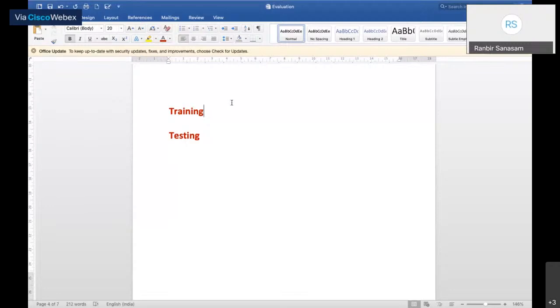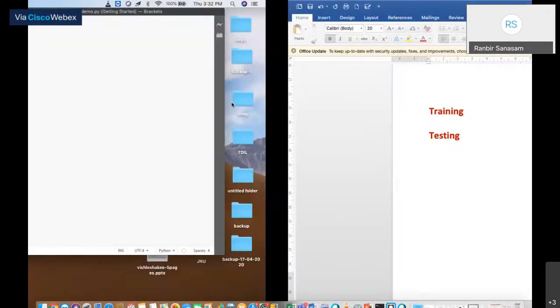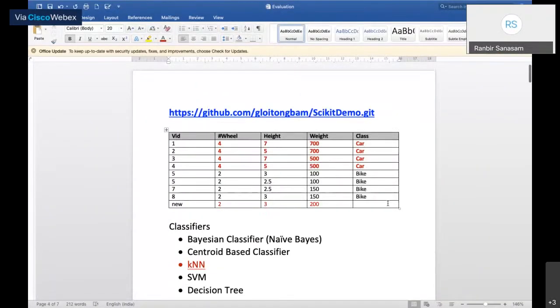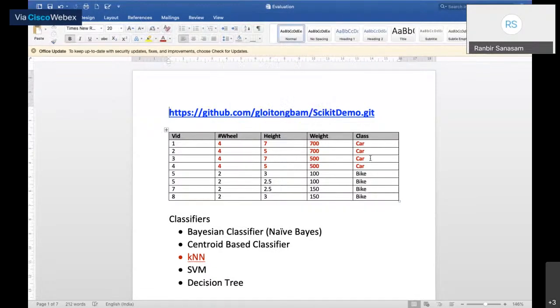So in other words, let us say in this example, out of this, let us say I'm using 3 cars for training and the first 3 bikes for training.